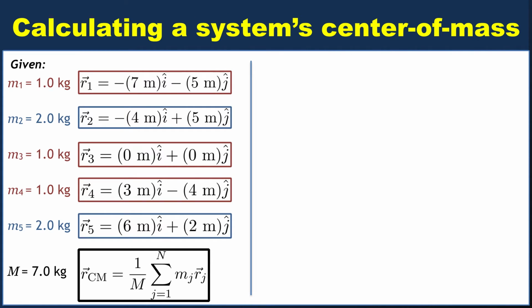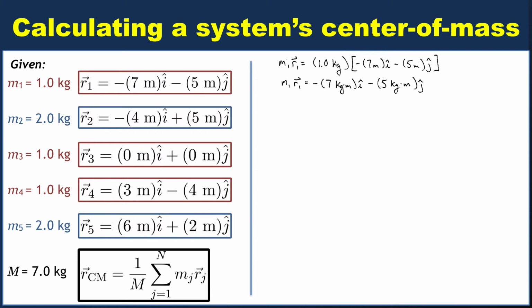So for mass 1 times R1, that's just 1 kilogram times negative 7 meters I hat minus 5 meters J hat. If we multiply that through, that becomes M1R1 equal to negative 7 kilogram meters I hat minus 5 kilogram meters J hat. So it changes the units, but not any of the magnitudes.